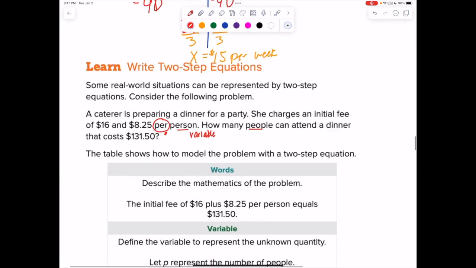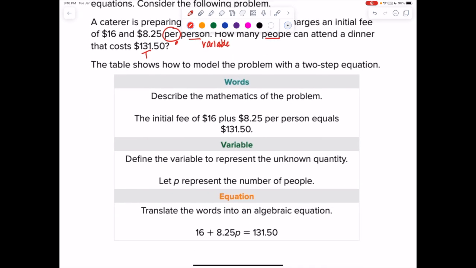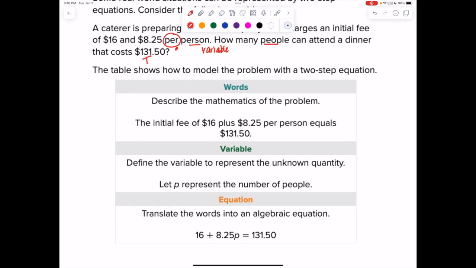Okay, and so as we continue on, it says how many people can attend a dinner that costs $131.50. So this is my total that the dinner costs, and so that's something I want to be aware of as well. Okay, so as we go through, we've identified all these things, the words, the variable, and now we have an equation.